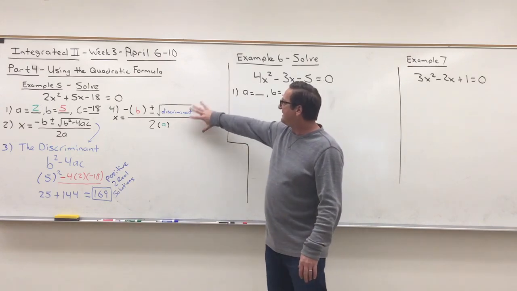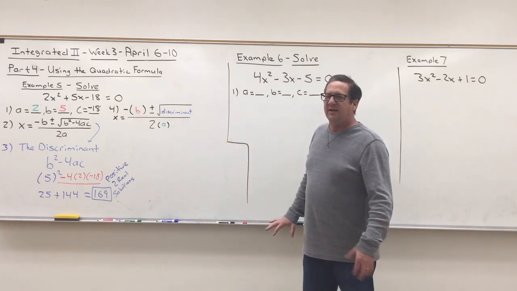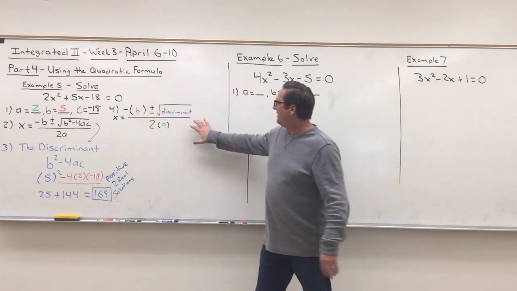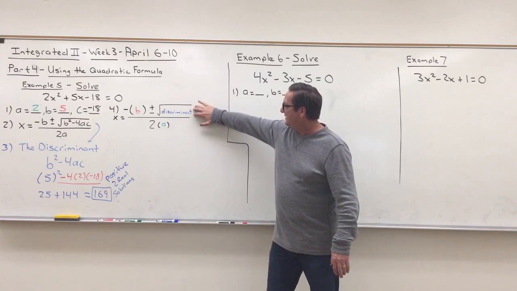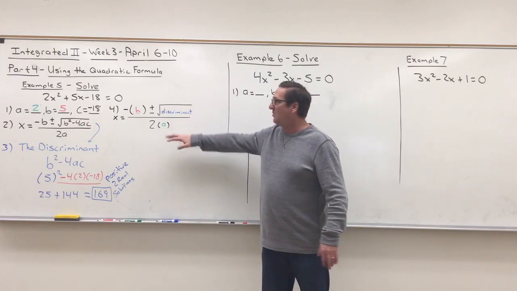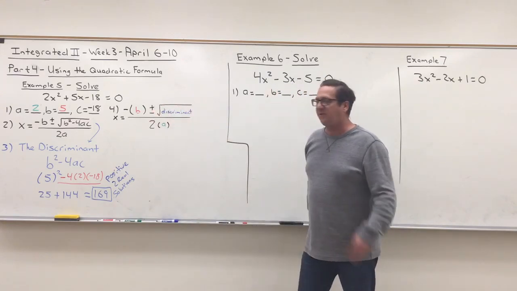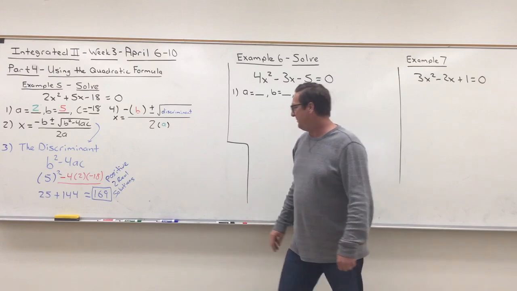Just learning how to see these things ahead of time. In the other examples, I think I left this blank, but this is where my B value is going to go, my discriminant, and my A value. And I'm ready to just plug in 3 numbers, okay? So here we go.